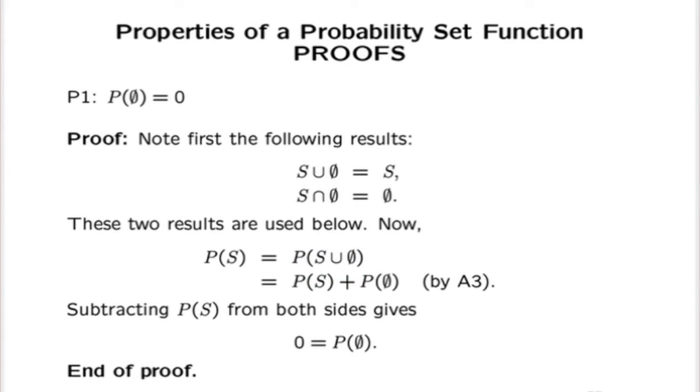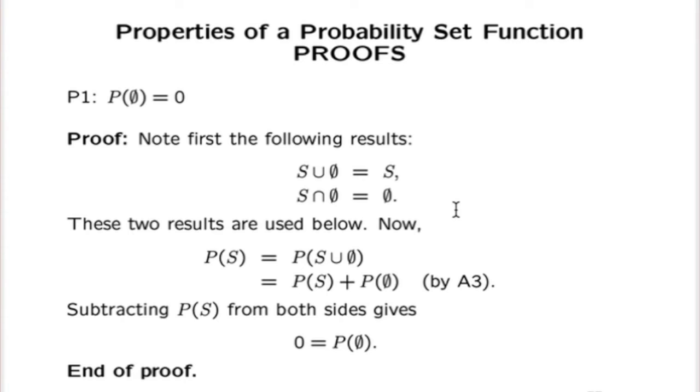And notice also that because the intersection of the sample space with the empty set is the empty set, what does that tell us? That tells us that the sample space and the empty set are mutually exclusive. Remember that definition? If the intersection of two events is the empty set, then those two events are mutually exclusive.